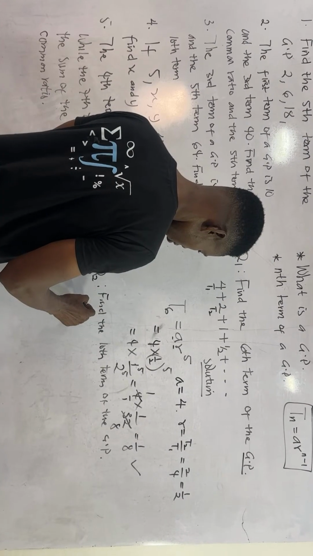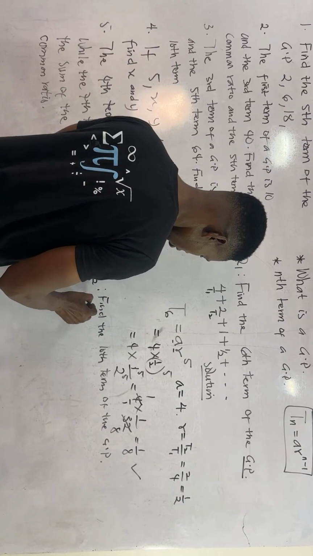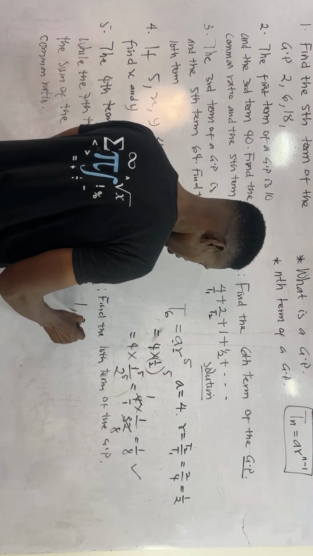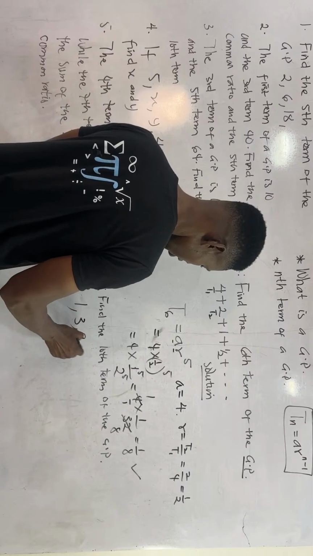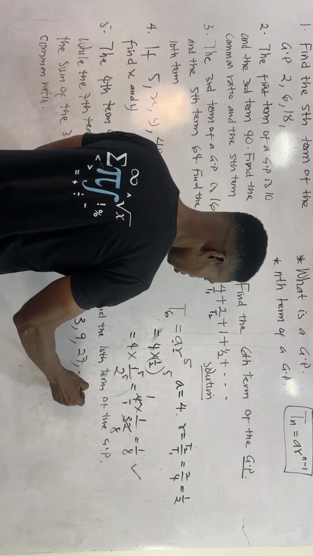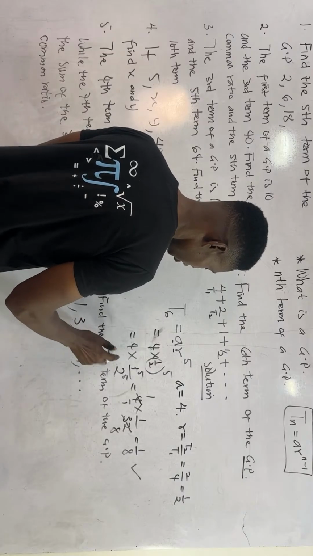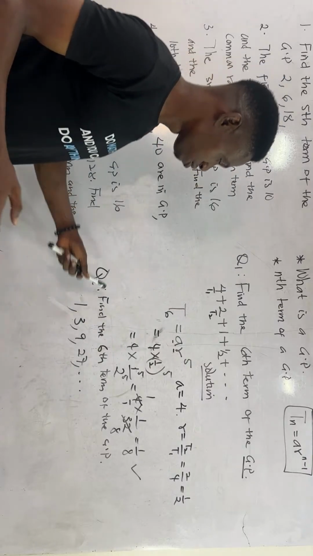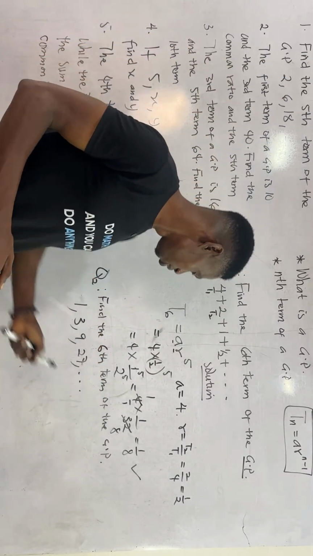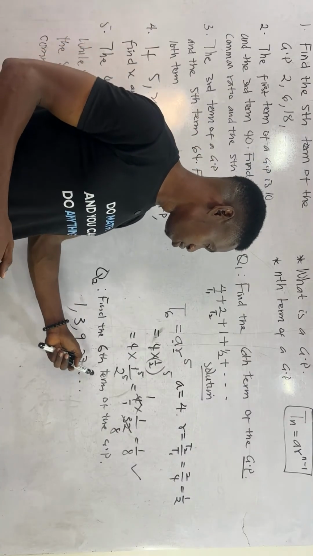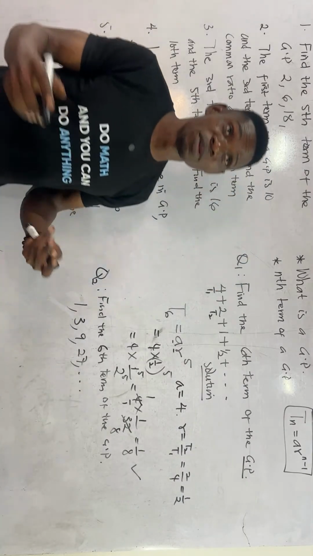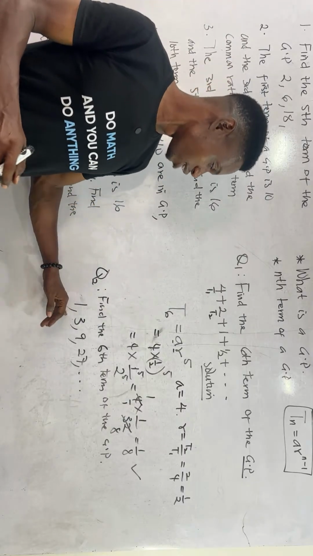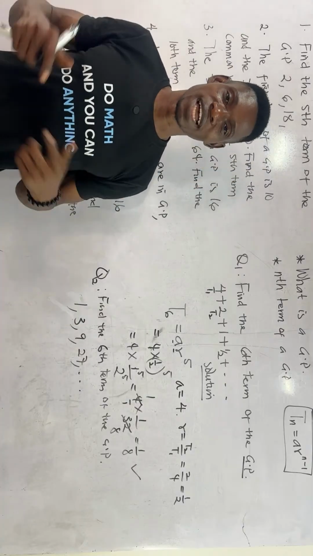Let's say 1, 3, 9, 27. Okay, 10 is far. Let's say the sixth term of this progression. So the question says find the sixth term of this GP 1, 3, 9, 27 dot dot dot. All right, so I'm giving you how many minutes? Okay, 60 seconds. So in 60 seconds, I want to see your answer to this geometrical progression. Your time starts now.